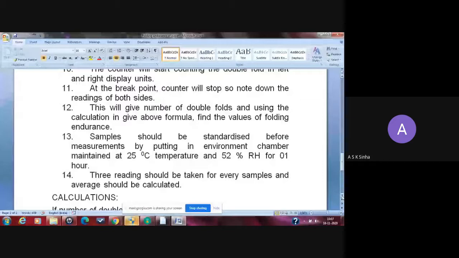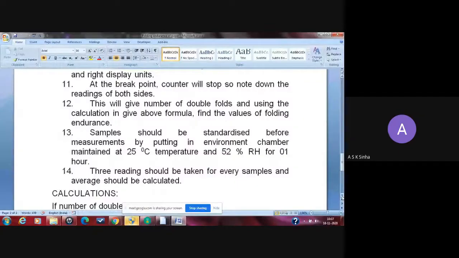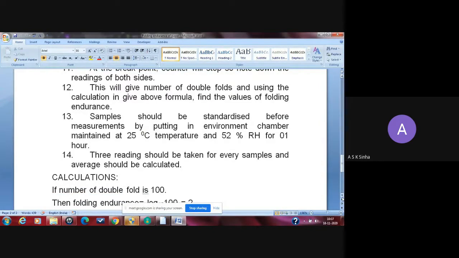The sample will be folded from the given point at which it is tightened, so it will be folded several times from the same point, meaning the same fibers will pass through several cycles of folding. The counter will start counting the double folds in the left and right display units, and at the break point, the counter will stop automatically.